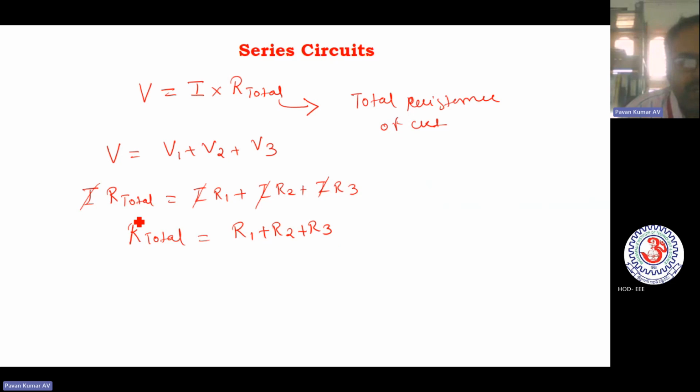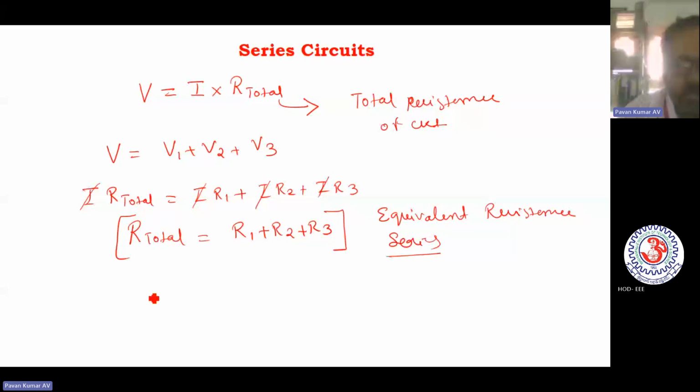So that's how we find the equivalent resistance when resistors are connected in series. If such a problem comes, with R1, R2, R3, and you want to find the resistance between terminals A and B, that is nothing but R total.